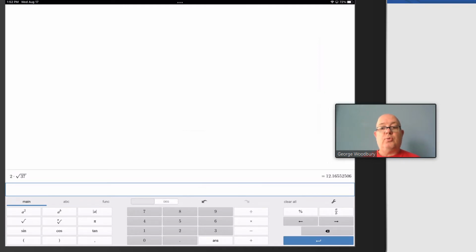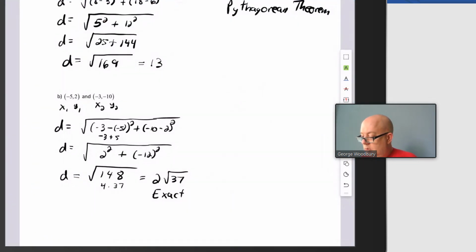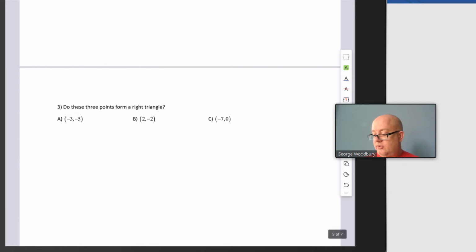And to the nearest tenth, 12.16 is 12.2. I also could have used the original number before I simplified it, square root 148, also 12.17. So approximately 12.2.